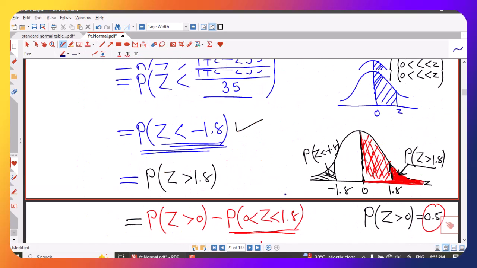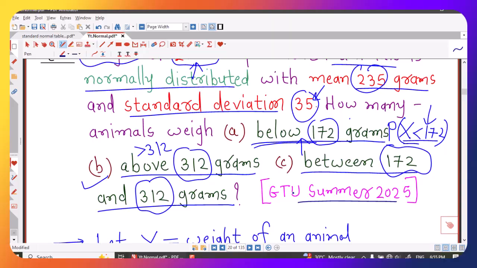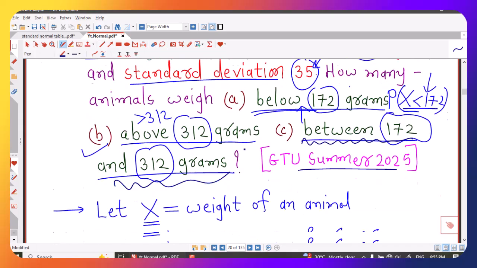So this is part B, and in part C we have to determine the number of animals whose weight is between 172 and 312 grams.